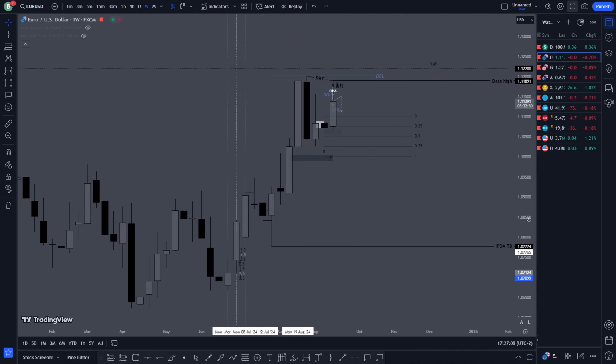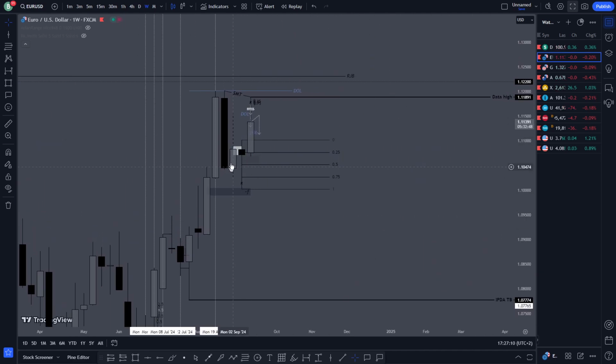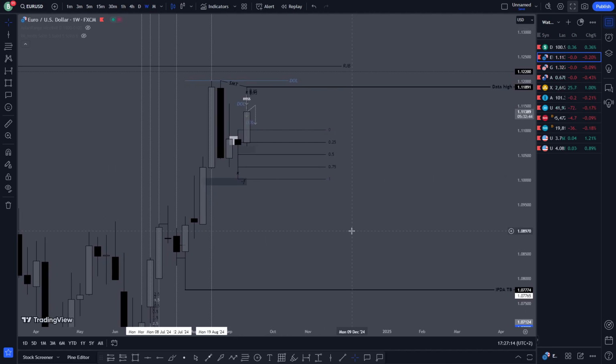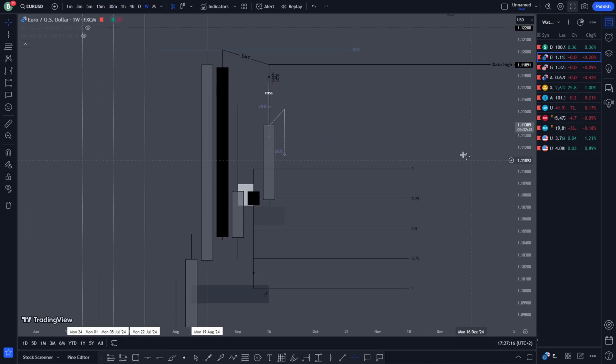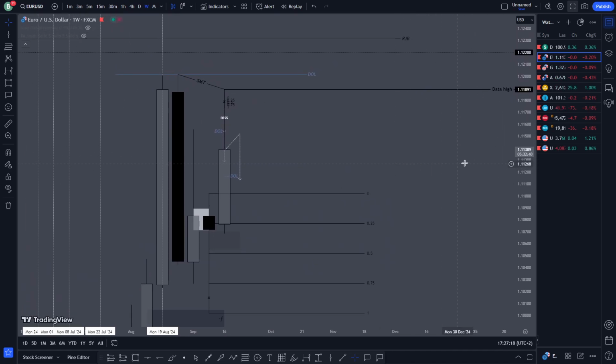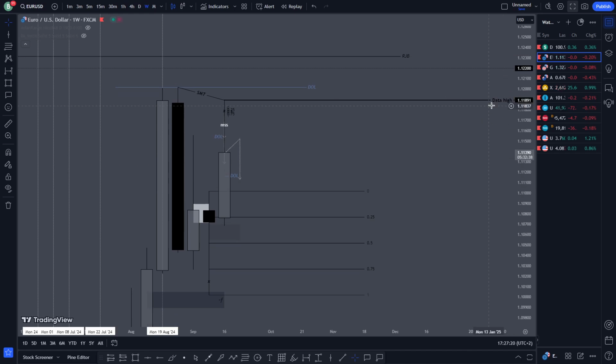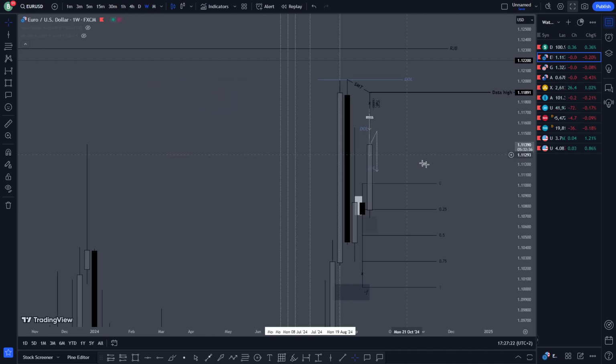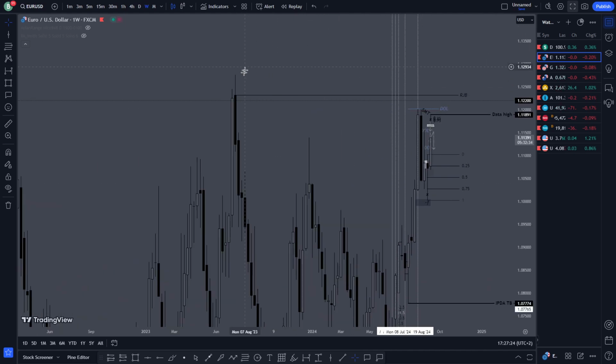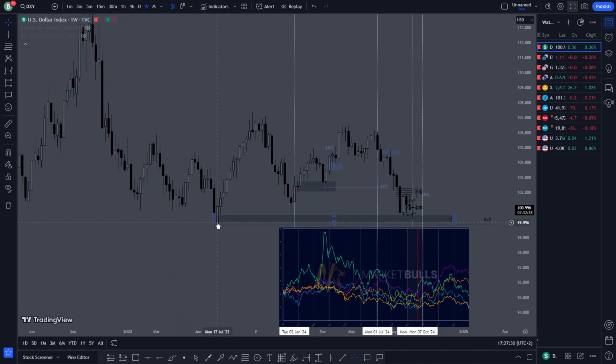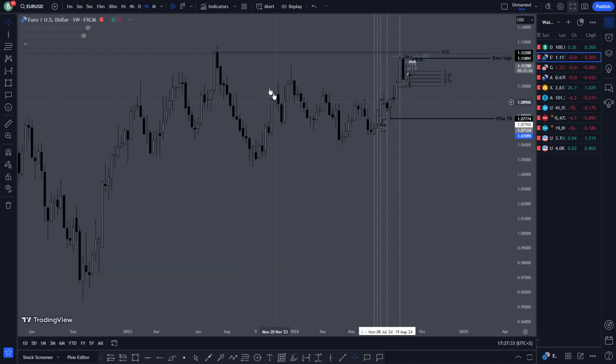On the weekly time frame, it happened like I said: accumulation, manipulation, distribution, done. Also, what I think is going to happen now, I also marked out this data high just in case you have it. Also, we have a rejection block on the EURUSD, a rejection block on the DXY, a rejection block on the EURUSD.